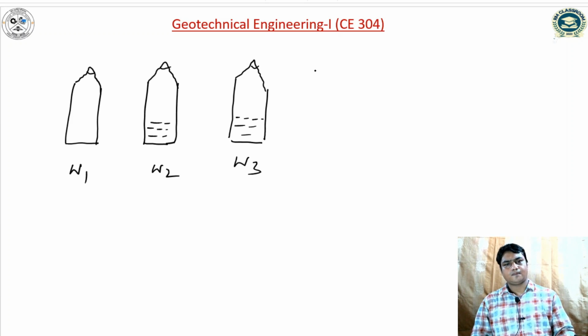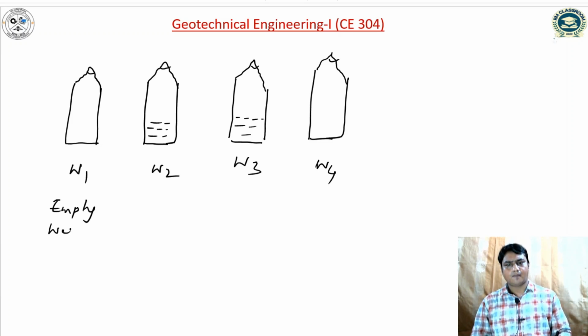W3, W4. So this is the empty weight. This is moist soil plus empty bottle.